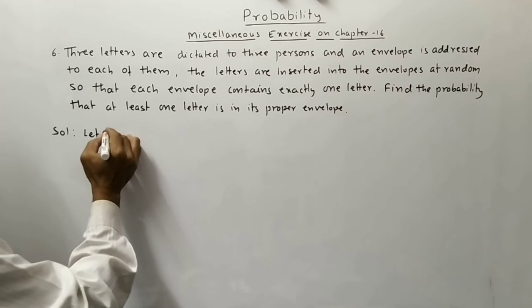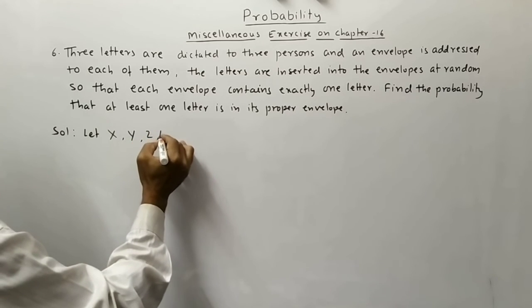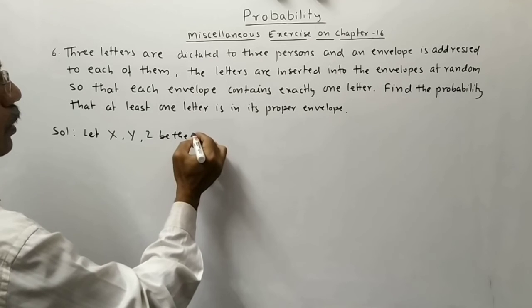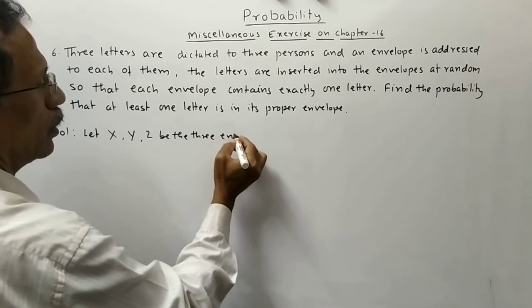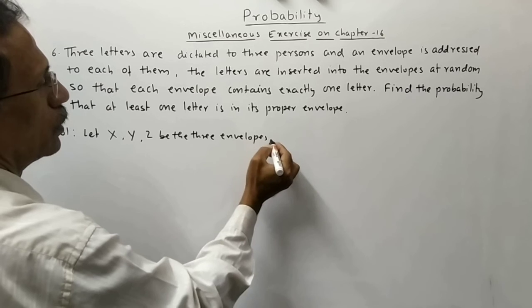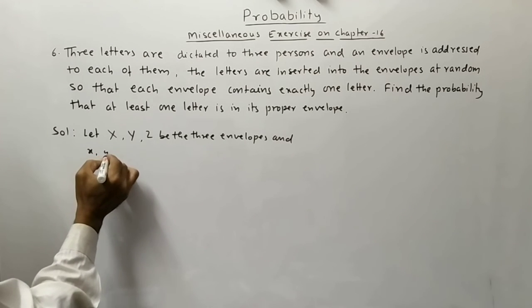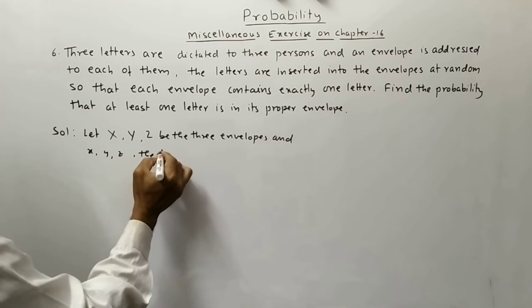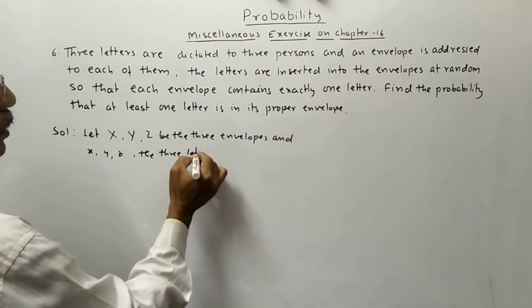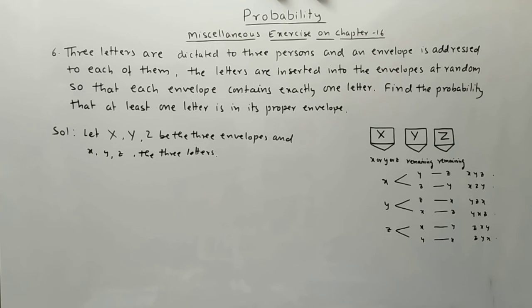Let capital letters X, Y, Z be the three envelopes and small letters x, y, z the three letters. Observe right side figure.